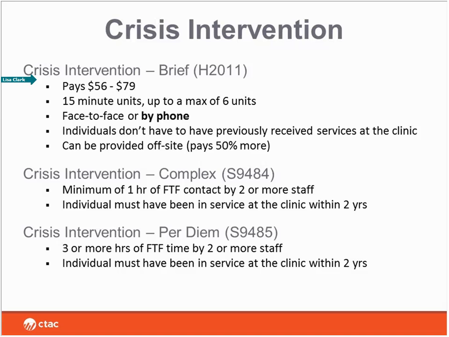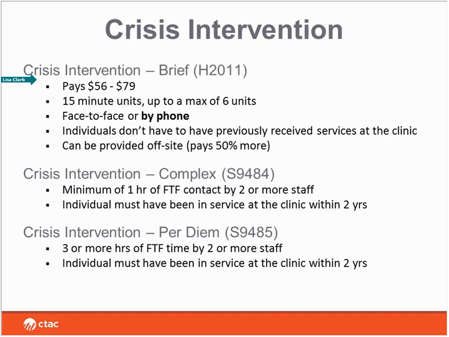It can also be provided off-site. Sometimes I hear of providers that are clinics that are asked to go out on adult protective calls or other calls to accompany folks to go into a situation, and there may be a crisis. If you're going outside of your clinic into the community, and this is for both children and adults, make sure you're using an off-site rate code and that you're billing for that crisis intervention.